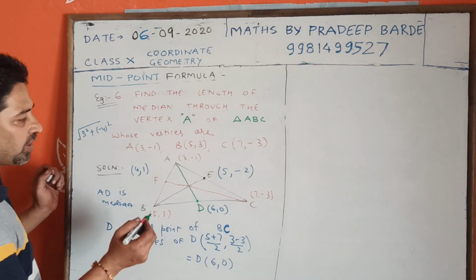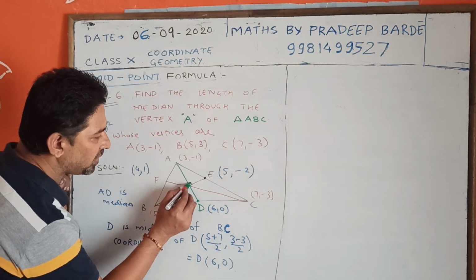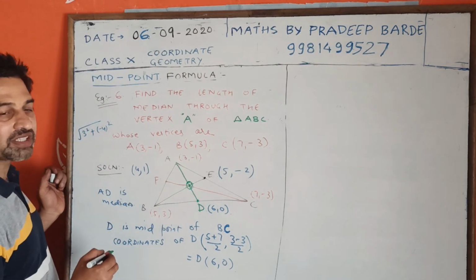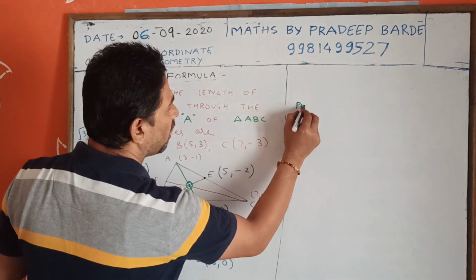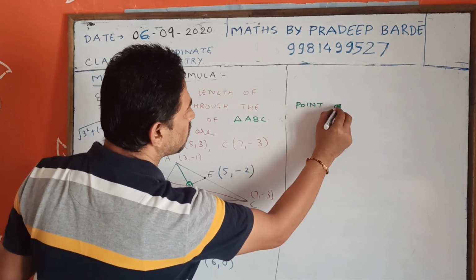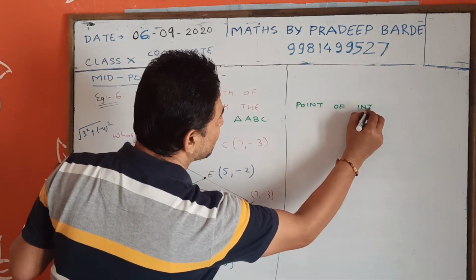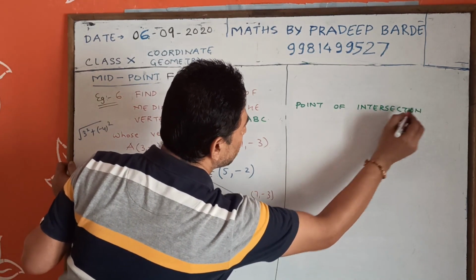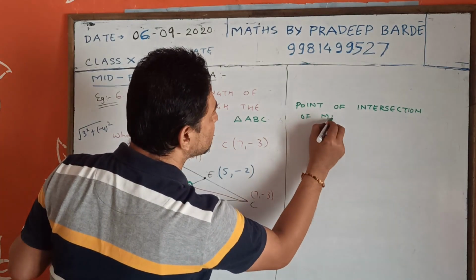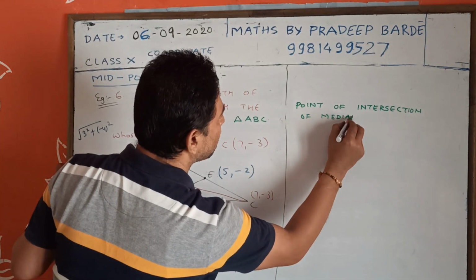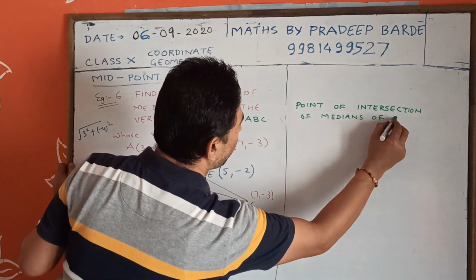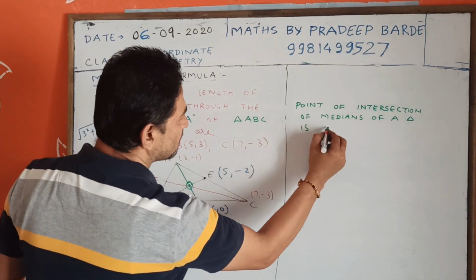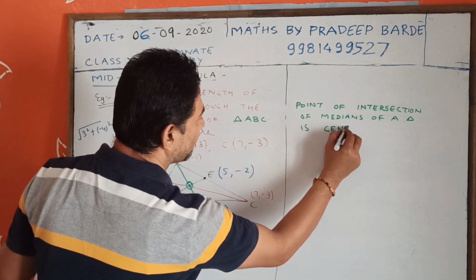Okay, students, now you see all the three medians pass through the same point. This is the point of intersection of medians, and we have learnt earlier also, the point of intersection of medians of a triangle is known as the centroid of a triangle.